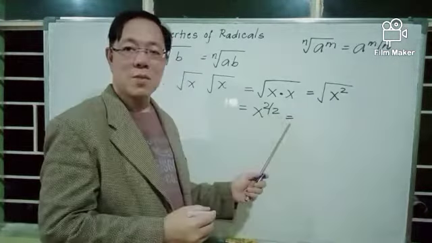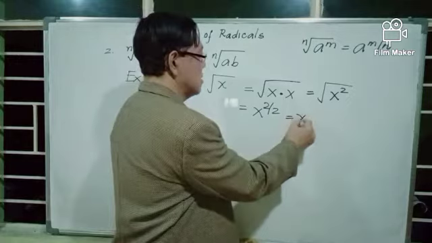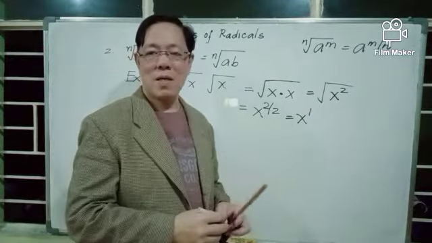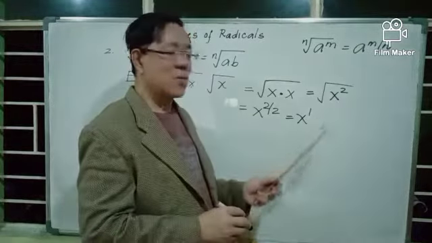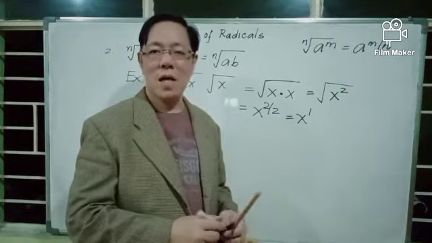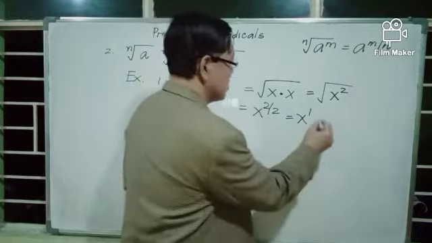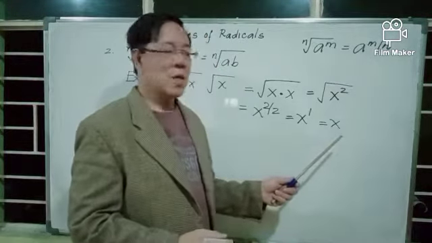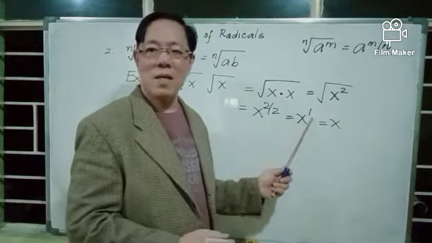But 2 over 2 is 1. We get x raised to 1. But if the exponent is 1, we no longer write the exponent 1, and we simply write x. If you have x, it's understood that the exponent is 1.